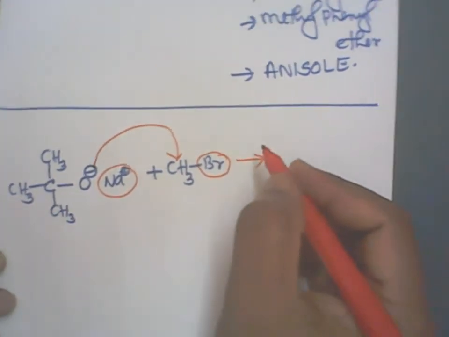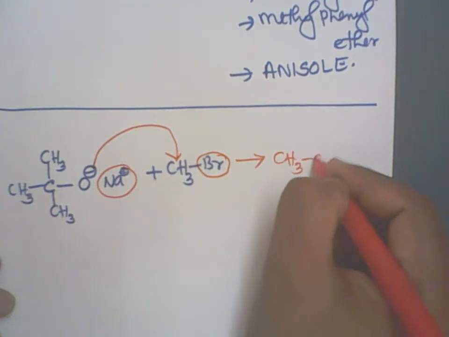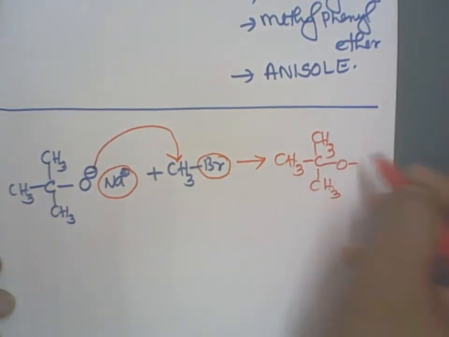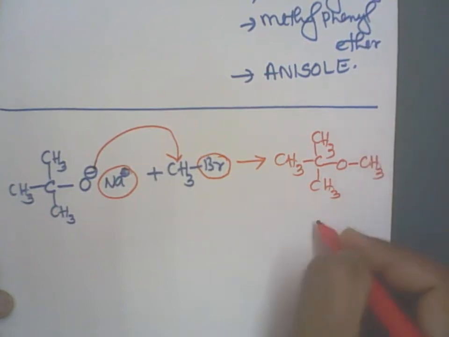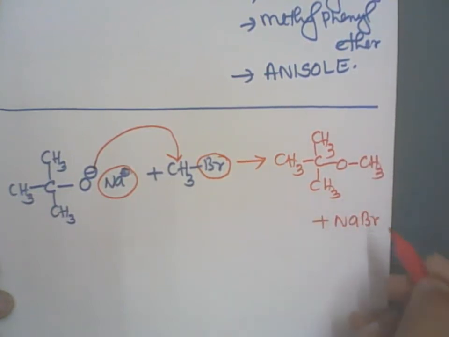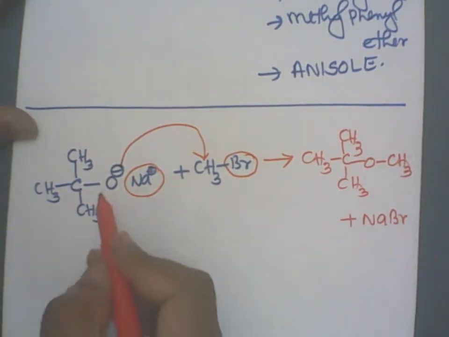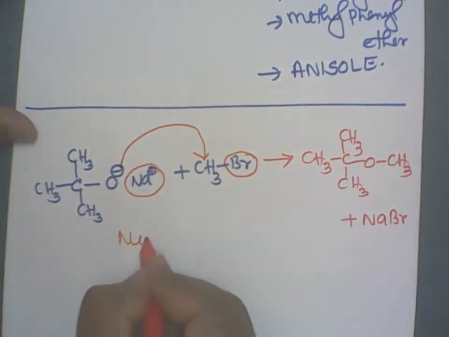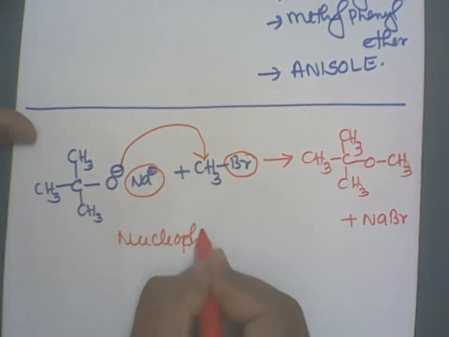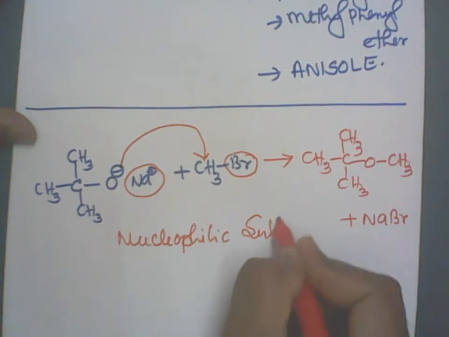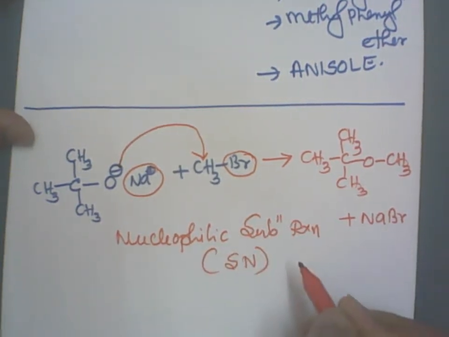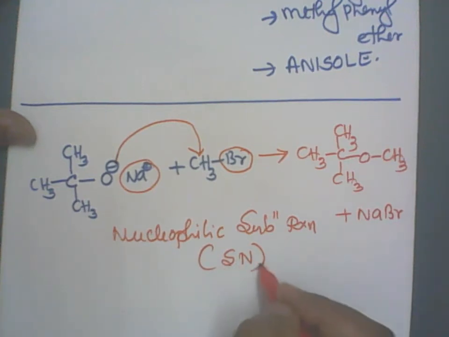So we expect the product (CH3)3C-O-CH3, with sodium bromide as side product. The nucleophile attacks the carbon atom and Br goes out. Such a reaction is called a nucleophilic substitution reaction, generally called the Williamson reaction. We studied nucleophilic substitution mechanisms in the haloalkane chapter.